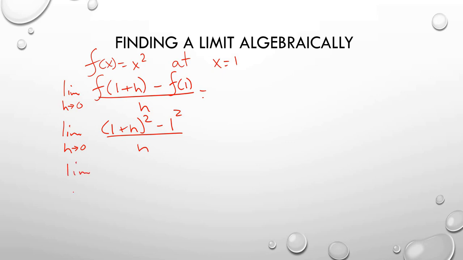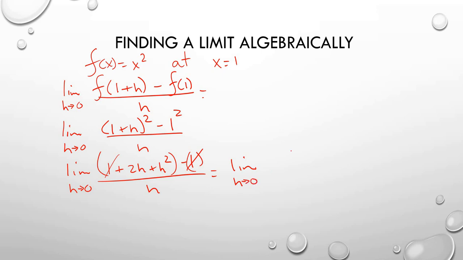The limit as h approaches 0: 1 plus h squared is 1 plus 2h plus h squared, all of that minus 1 over h. Alright, 1 minus 1 will cancel. I'm going to get the limit as h approaches 0 of 2h plus h squared over h.